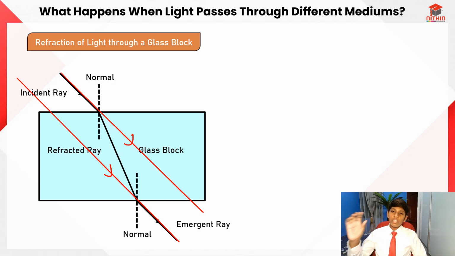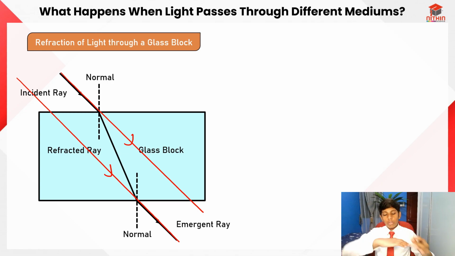So from an optically less dense medium to an optically denser medium, the speed of light decreases, and it bends towards the normal. And then when it comes out of the glass, from a denser medium to an optically less dense medium, the speed of light increases and it bends away from the normal, and thus it forms a parallel line over here.